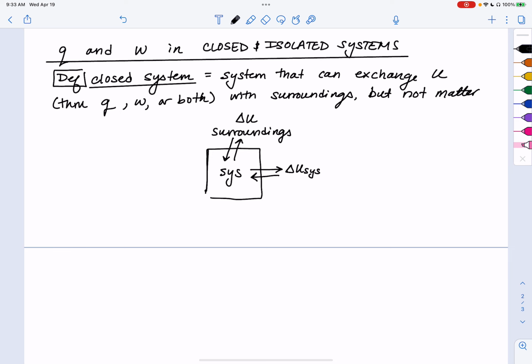The only thing that we cannot transfer between system and surroundings in a closed system is matter.